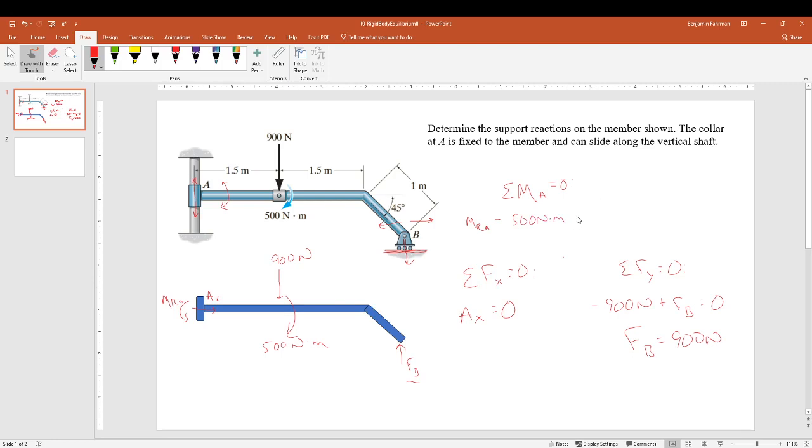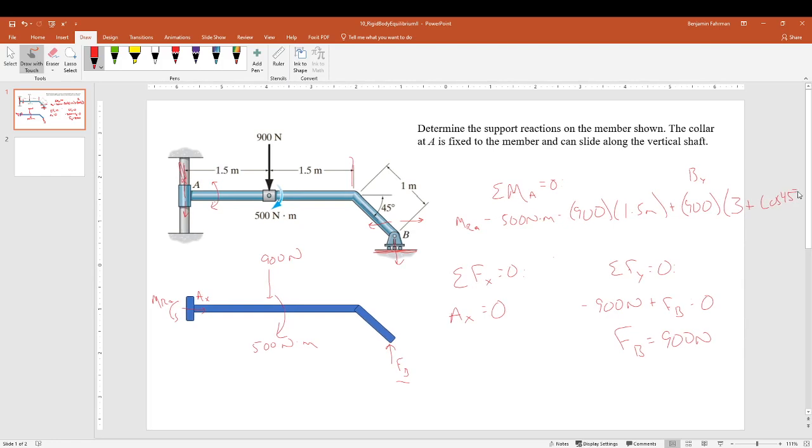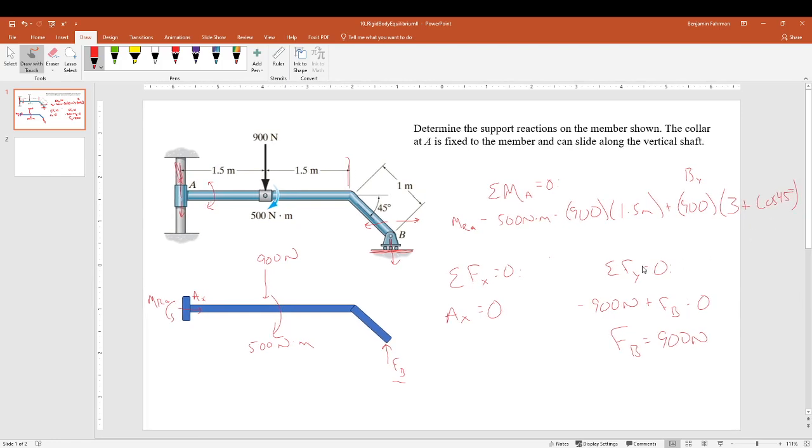Then we also have a minus 900 times 1.5 meters and a plus 900, this is for BY, times, what is this? This is going to be 3 meters. 3 takes us from here to here. And then we got to add plus cos 45. Kind of running out of room here. And that's it. Those are all the things that generate a moment about A.